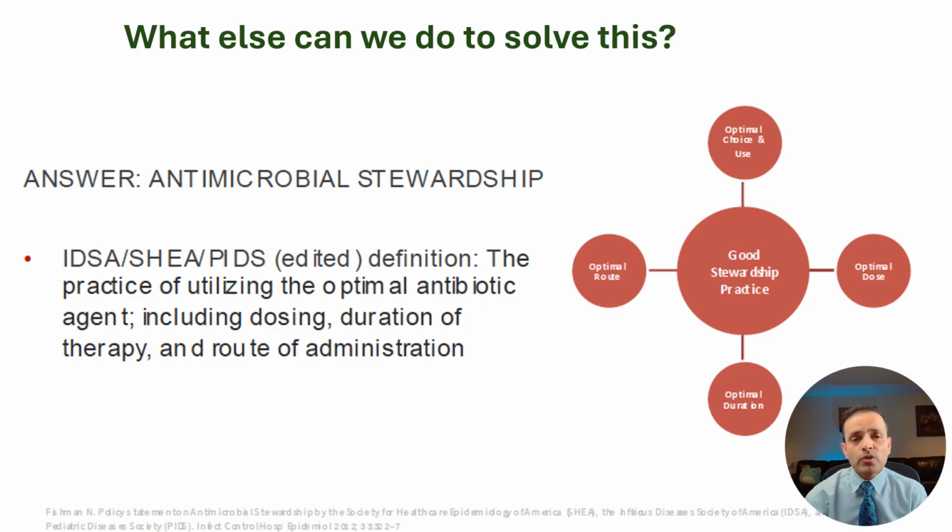The inpatient world is even worse. Almost 50% of admitted patients get antibiotics, and 55.9% of those antibiotic treatments deviate from treatment guidelines in terms of duration and appropriateness. So that's why we need stewardship.